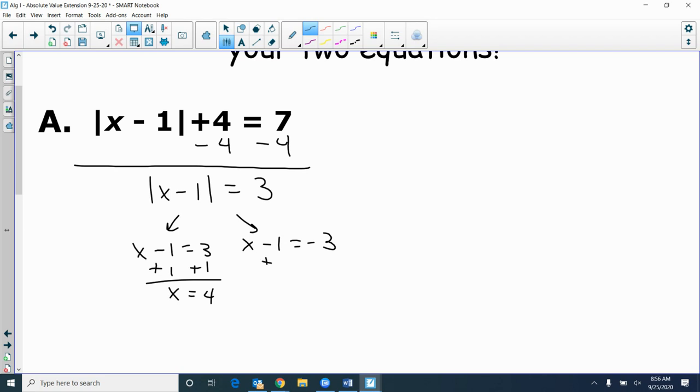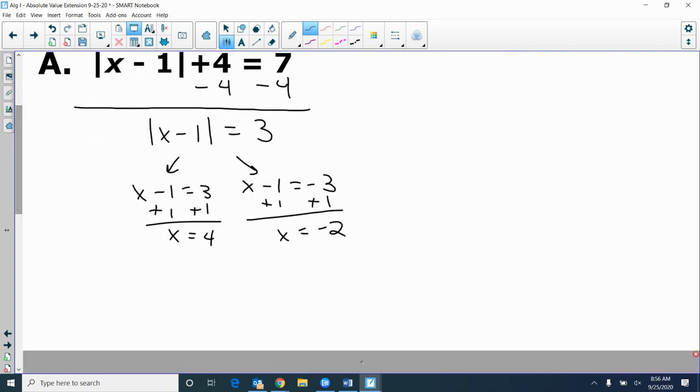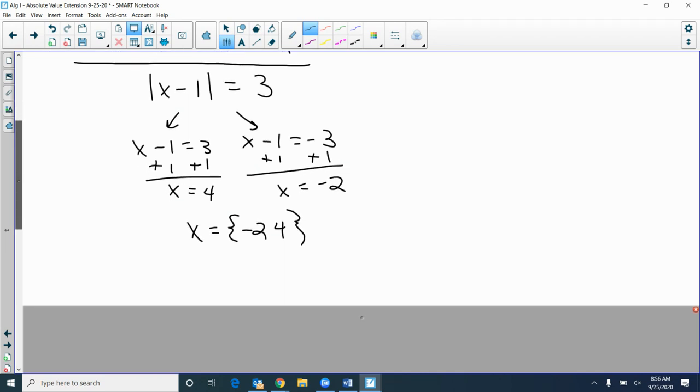And when I add 1 here, negative 3 plus 1 is negative 2. So I got x equals negative 2 and 4. Make sense, Preston?